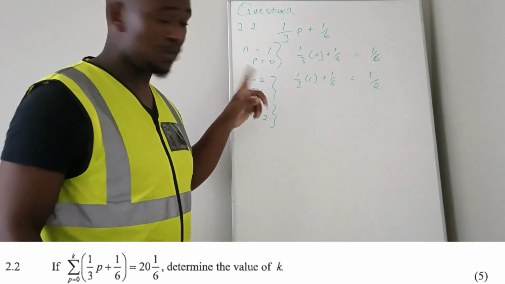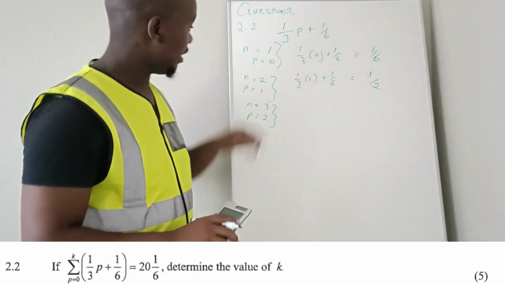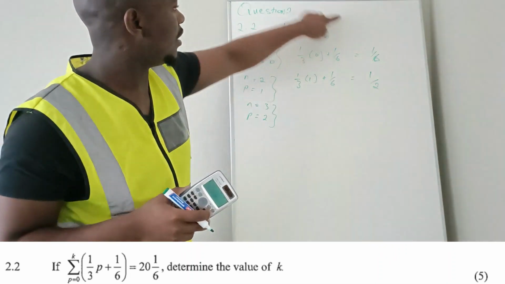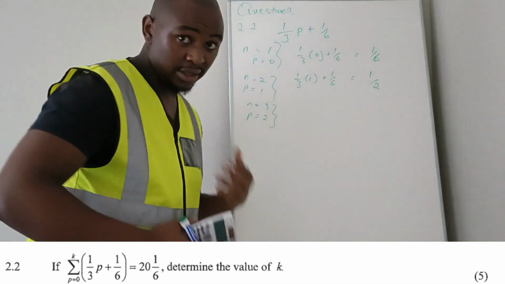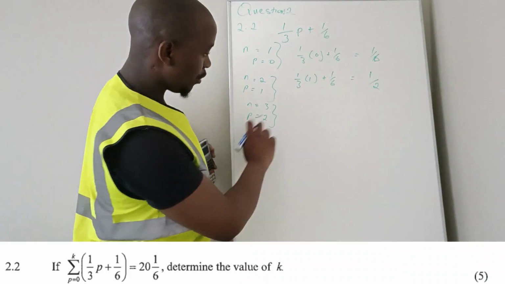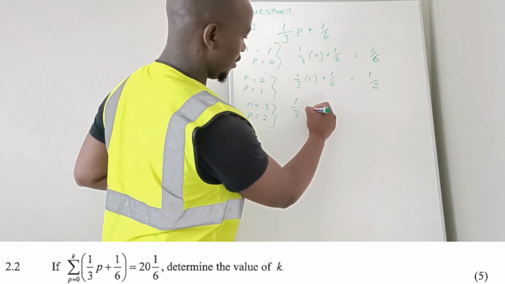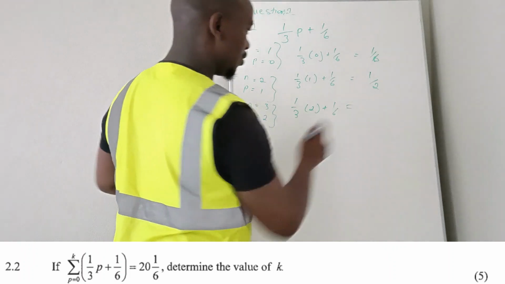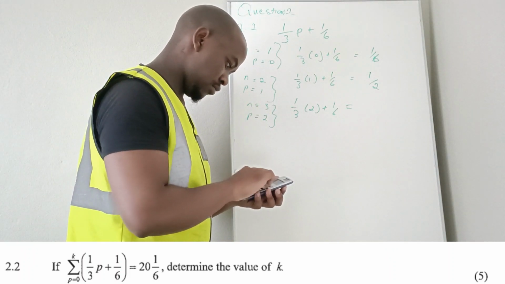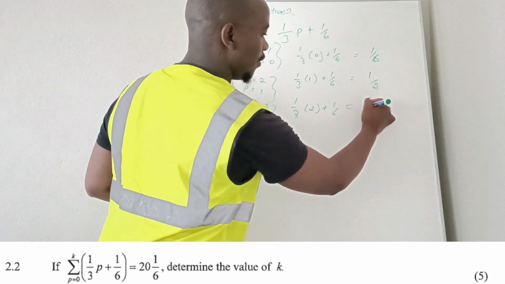If p was starting from 1, then p would correspond to our term number. Know that p is not a term number. P is a value in this equation which gives us information about the whole sequence. So for n equals 3, p equals 2, we have 1 over 3 times 2 plus 1 over 6, which is 5 over 6.